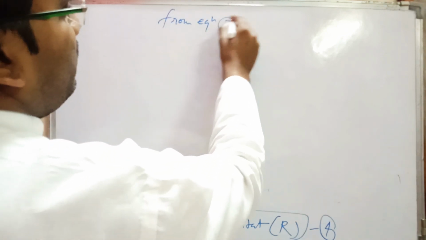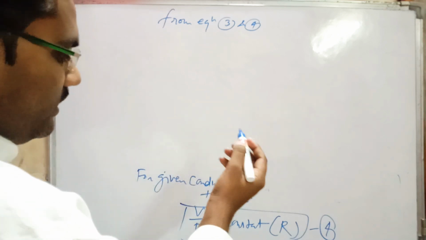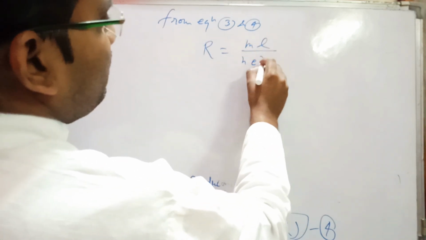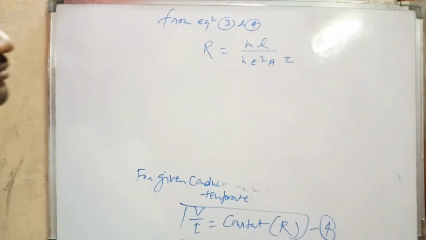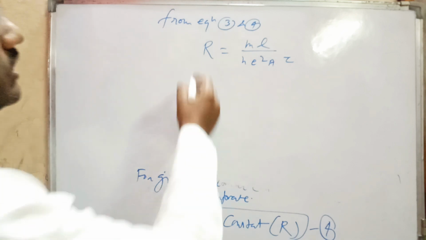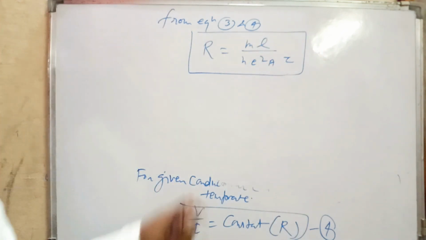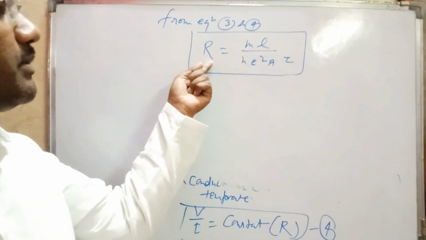From equations 3 and 4, we get R is equal to mL by n e square A tau. So this one is a very important expression for resistance of conductor.